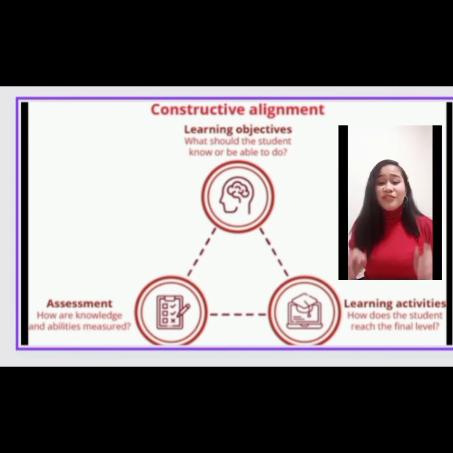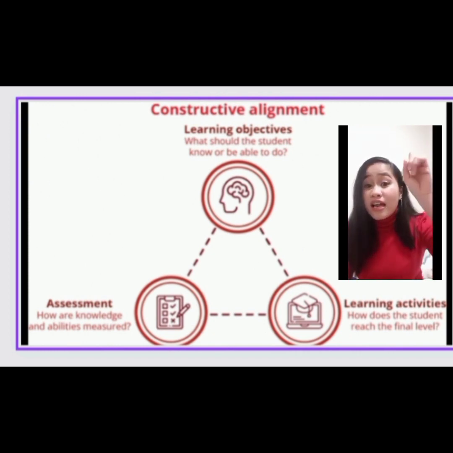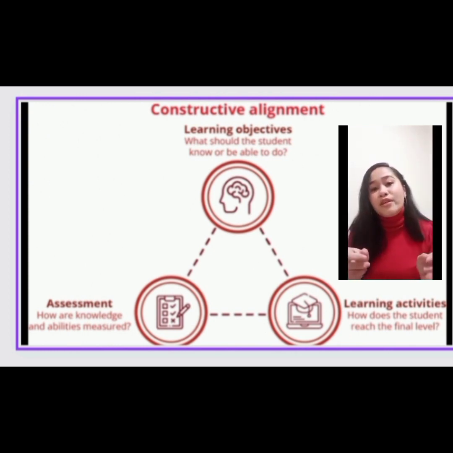Constructive alignment is an educational framework that emphasizes the alignment of learning outcomes, or the learning objectives, assessment, and teaching methods. Teaching methods are the learning activities. So the idea is to design learning experiences that are aligned with the ILO. ILO stands for Intended Learning Outcomes, and that supports students in achieving those outcomes.